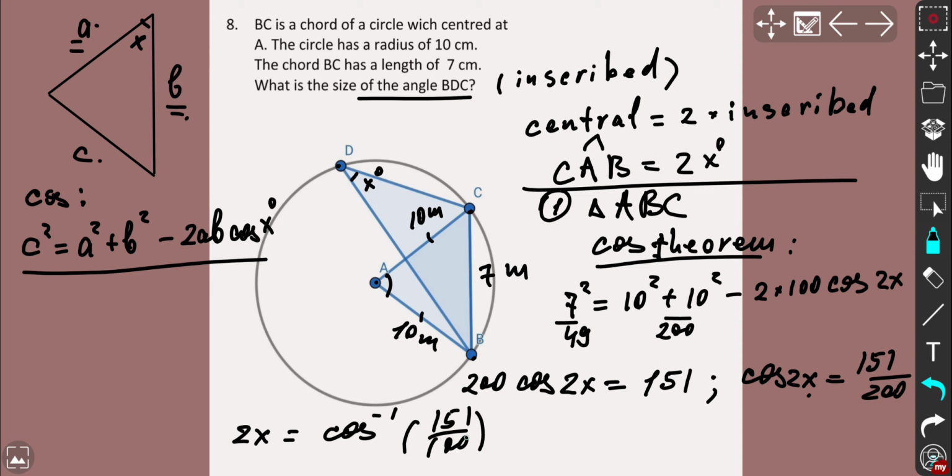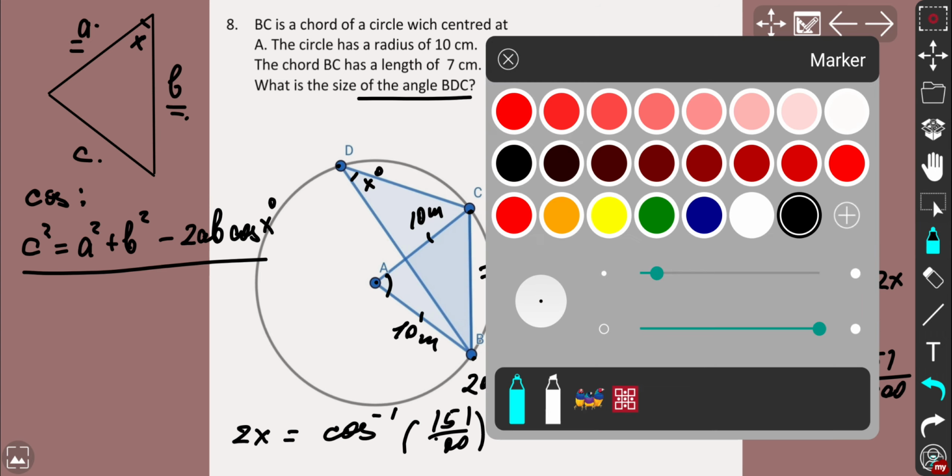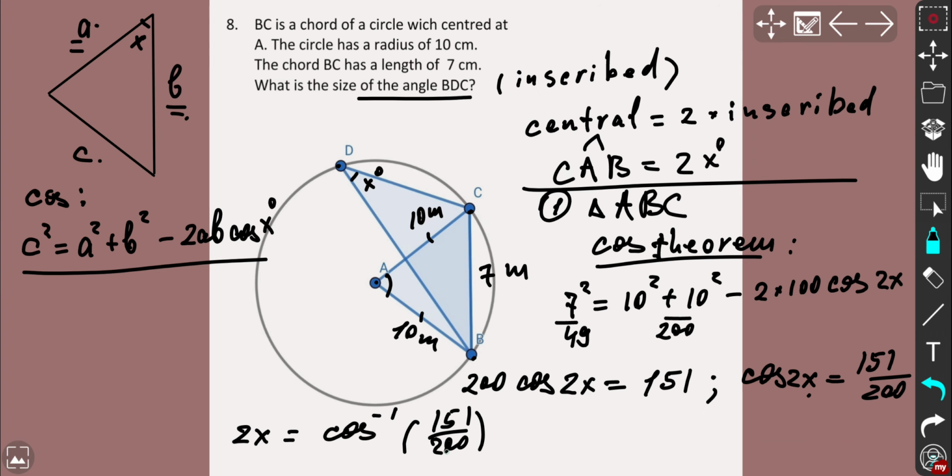So now let's do this. Our inverse cos of 151 over, sorry, my bad, it's going to be 200 here. So 151 over 200. And we've got the answer, which is 40.97 degrees, to 2 decimal places.